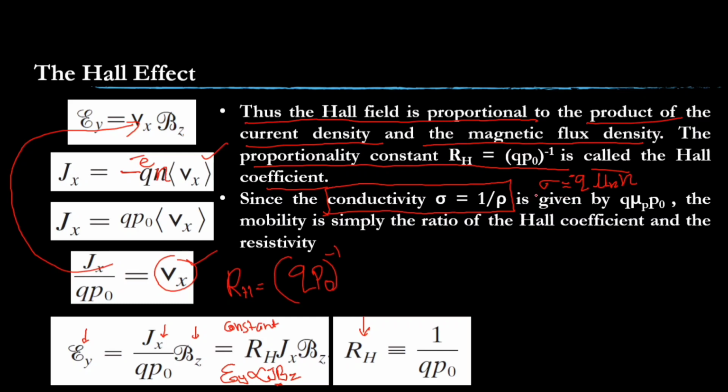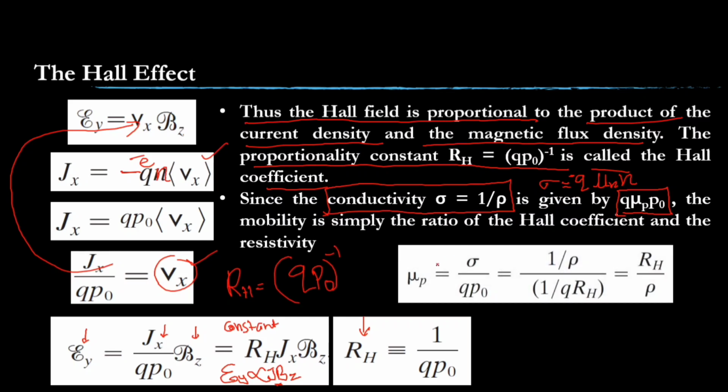When I consider holes, I can write Q mu P into P0. So sigma is equal to Q mu P P0. From there I can write mu P is equal to sigma divided by Q P0.